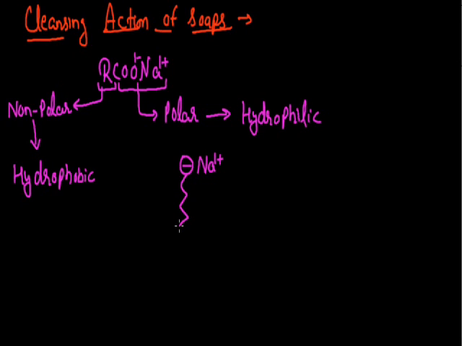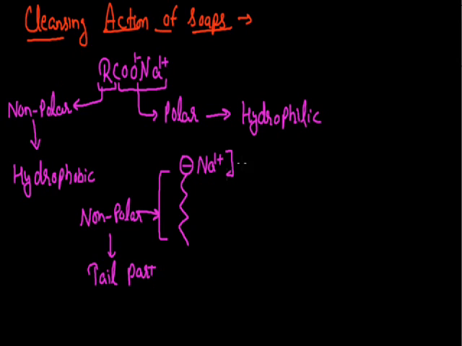This chain represents the non-polar hydrocarbon chain, which can also be termed the tail part of the soap molecule. The circle with the sodium cation has charge on it, so it can be termed the polar part of the soap molecule, which can also be represented as the head part.